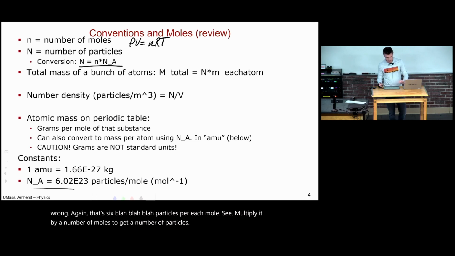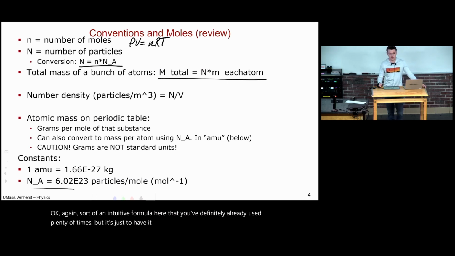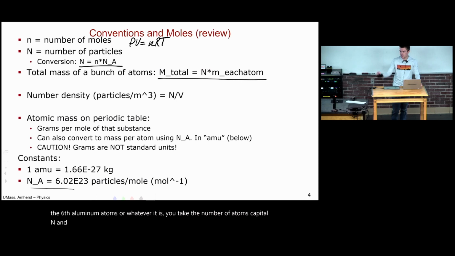Again, sort of an intuitive formula here that you've definitely already used plenty of times, but it's just to have it here presented when it's relevant. If you have a bunch of atoms and you're wondering what is the mass of these 10 to the 6th aluminum atoms or whatever it is, you take the number of atoms, capital N, and multiply it by the mass per each atom to get the total mass of all those atoms.